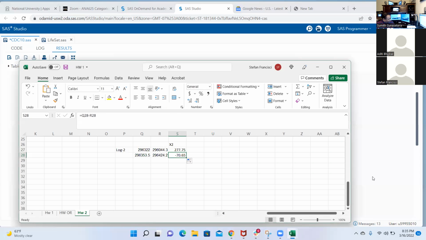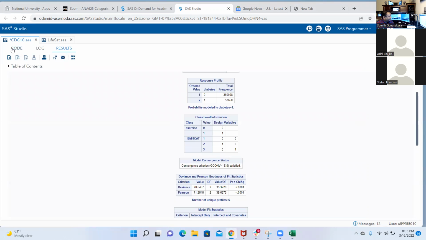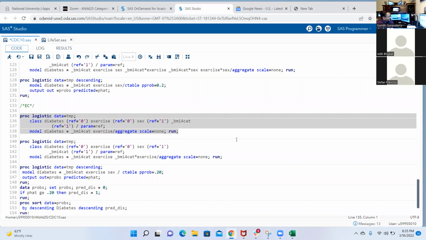So the saturated and unsaturated difference will be displayed ahead of time. The log difference between the saturated and the unsaturated one will be displayed as the deviance on the unsaturated one.